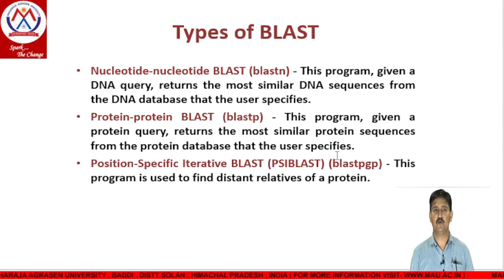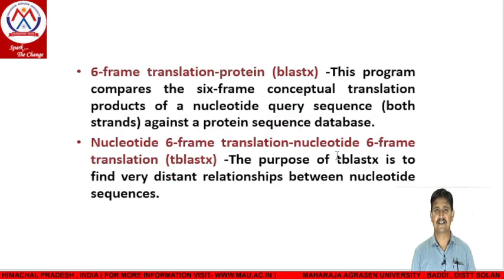Another type is protein BLAST or BLAST-P, in which protein sequences are compared and similar protein sequences are found from the database. Third is position specific iterative BLAST or PSI-BLAST. This program is used to find distant relatives of a protein, that is, similar or distantly related proteins from the database.